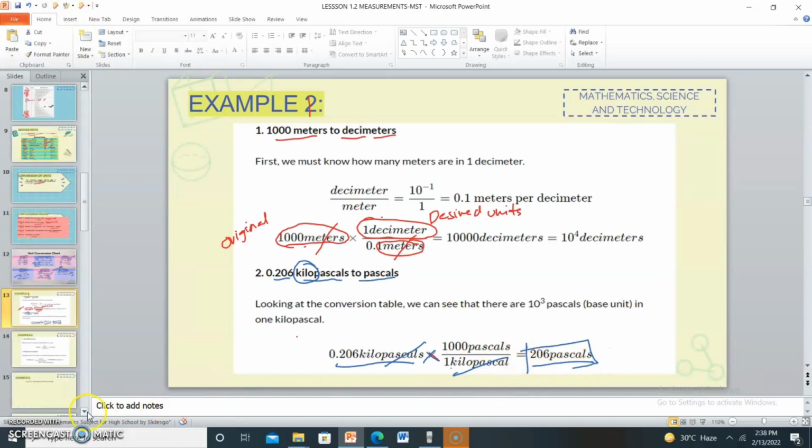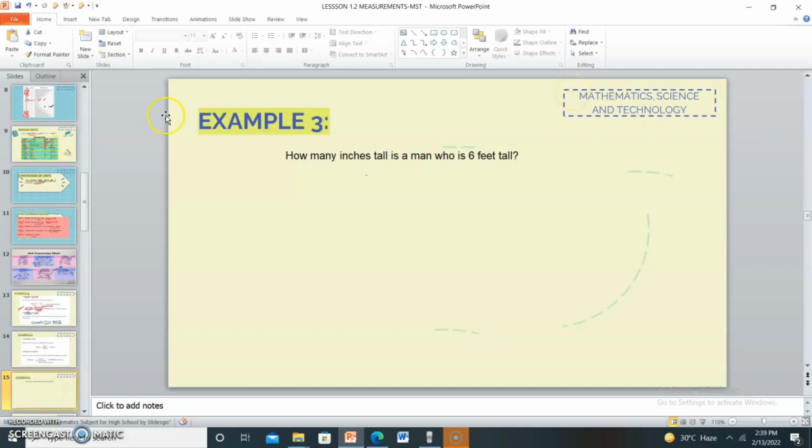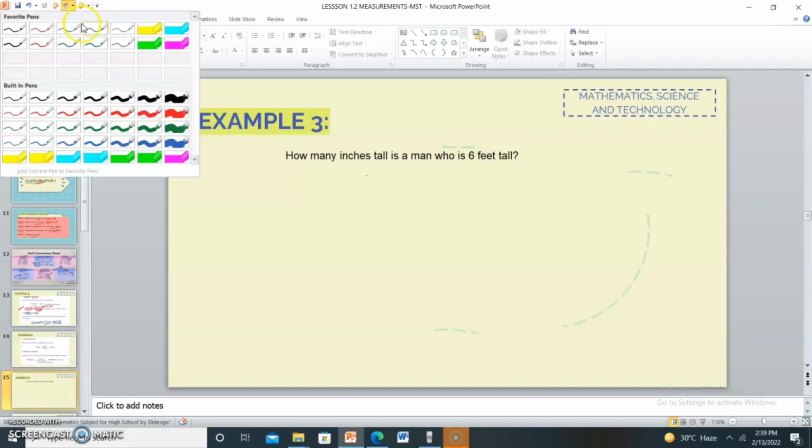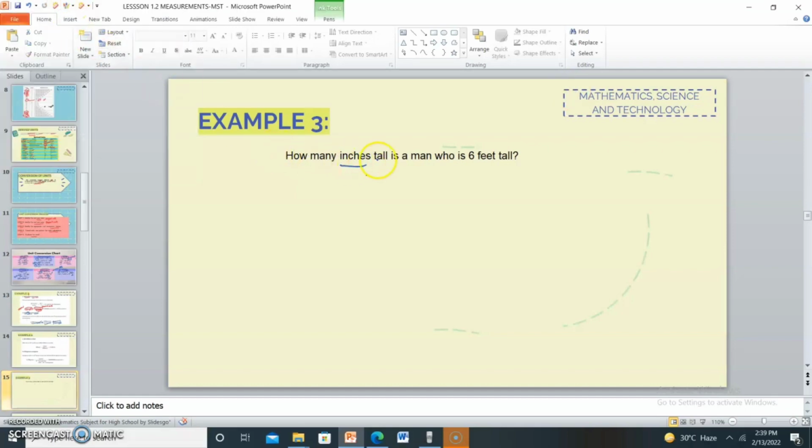So, next example. How many inches tall is a man who is 6 feet tall? First, state the given: 6 feet. And the conversion unit is 1 foot equivalent to 12 inches.